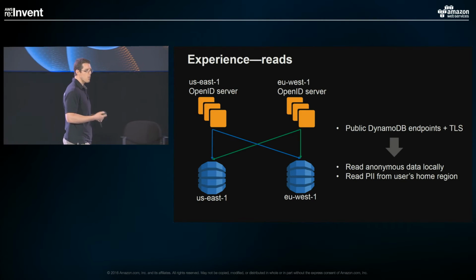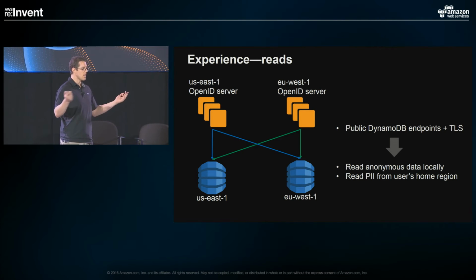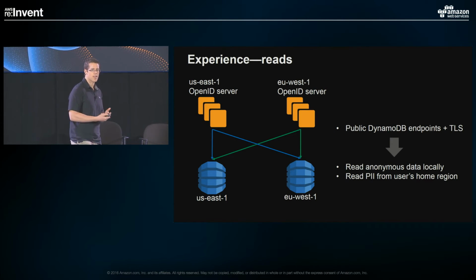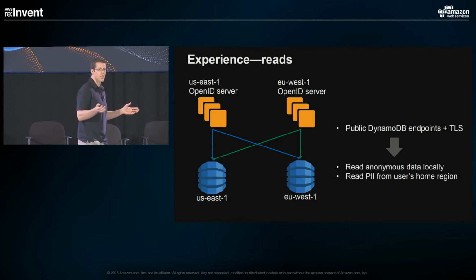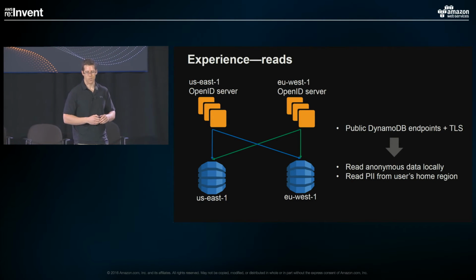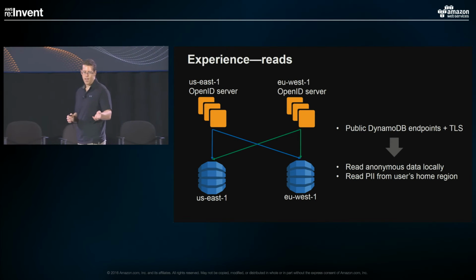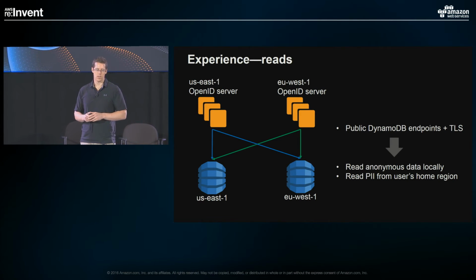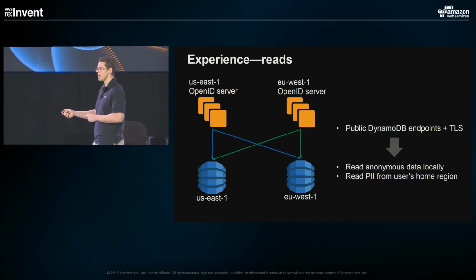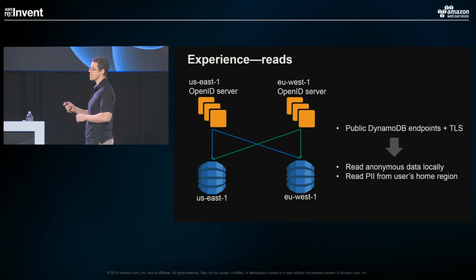So then you can use that pointer and the fact that DynamoDB endpoints are public, right? They're just internet accessible, protected by TLS encryption and all the header signing that Amazon does via the SDK for you. And so you can use that fact to let your OpenID server in EU West 1 connect directly to US East 1 and get the PII data from where it's supposed to be stored.